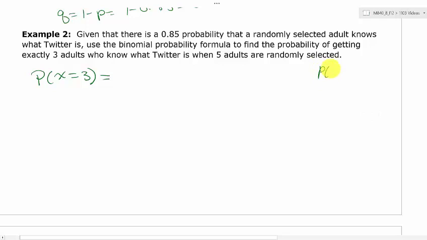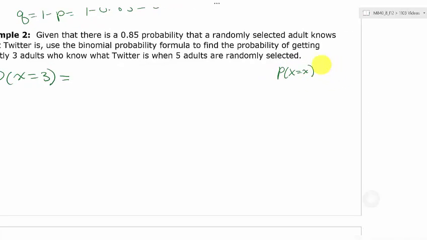The probability that x is equal to x is n factorial divided by n minus x factorial times x factorial times p to the x times q to the n minus x.